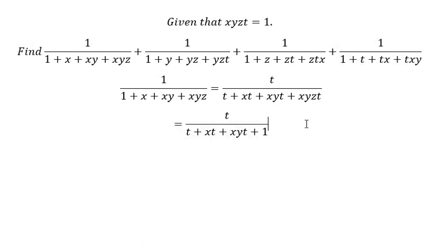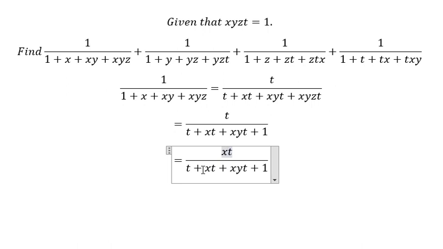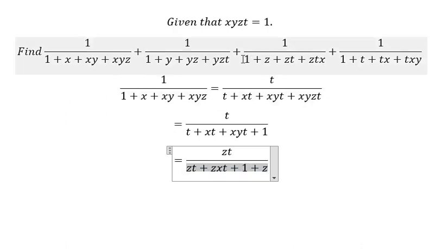Now let's multiply by x in here. That is about z, and we put z in here, and this one transforms into number 1, and you can see that this one is similar to this one.